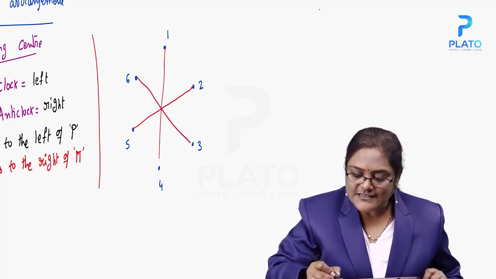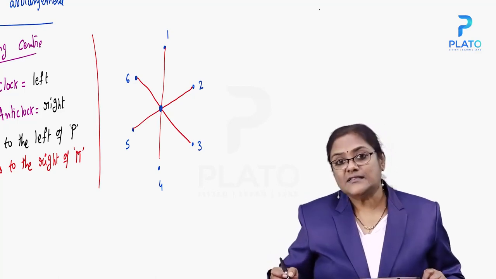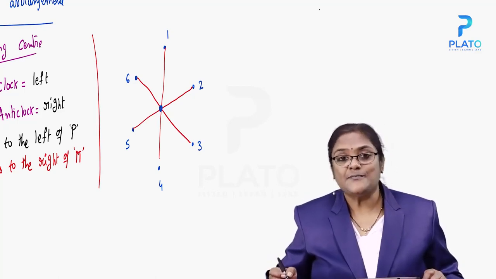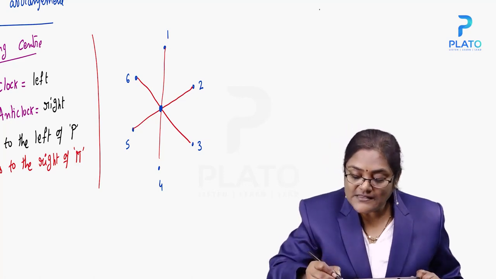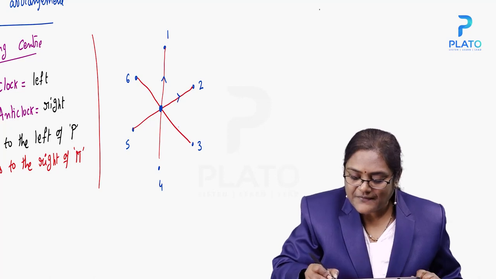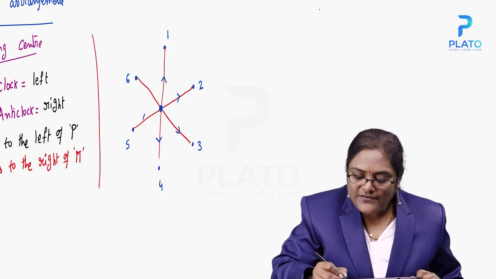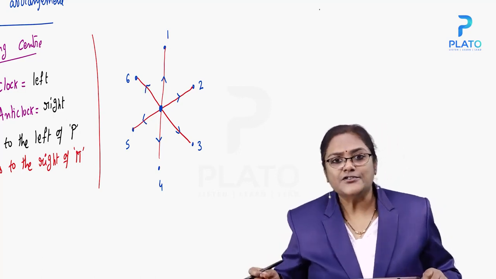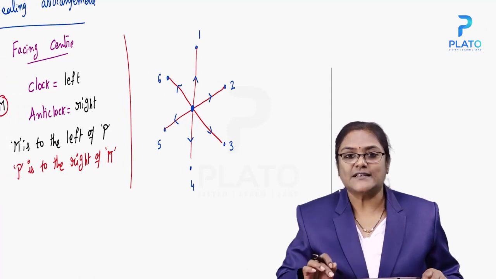Now this is the center. Now sometimes it is possible that people can face opposite the center. So now this is the facing. They are opposite the center. Now people have a confusion, ma'am, what to do now? Why do you worry? Just use common sense.